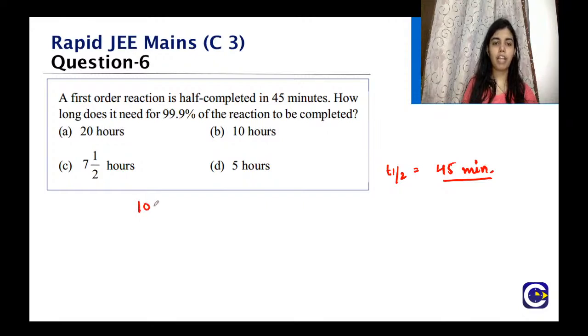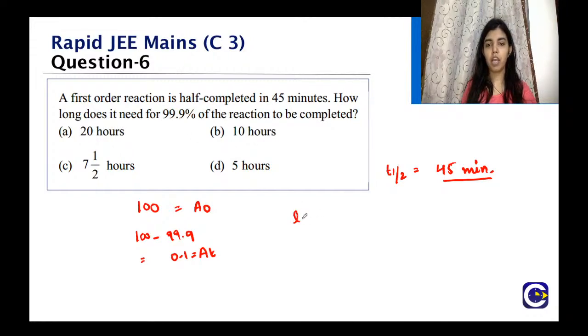That if you are having 100 moles of the reactant initially, that means A naught, out of it 99.9 moles have been decomposed and you are only left with 0.1 mole of A naught. So this means that 0.1 is the amount of the reactant left after the completion of 99.9% of the first order reaction, and T half is given here. So you need to find out the time required for 99.9% completion.